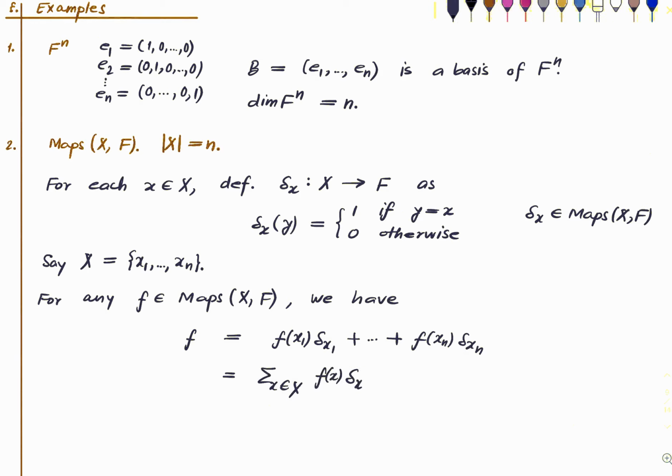This is just a triviality. So therefore f is in the span of these n vectors, and in fact these n vectors are linearly independent. So finally this is a linearly independent list.